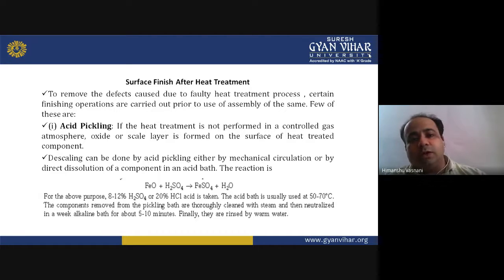Surface finish after heat treatment is done to remove the defects caused due to faulty heat treatment processes. Various faulty heat treatments that we have discussed in our earlier classes are oxidation, burning, various kinds of overheating, and unwanted salt bath.